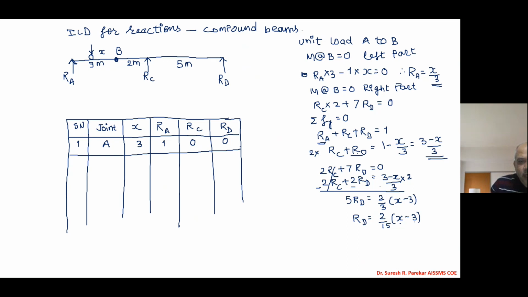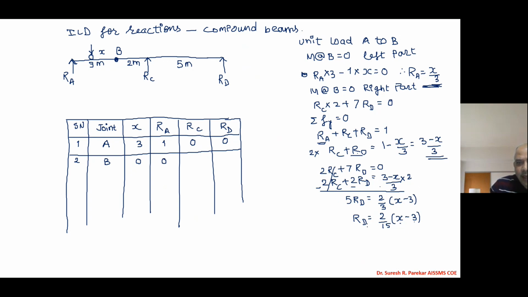Now we will go to the next part. We will be with second. We have at B, then at B we have x equal to 0. So if we put x equal to 0 in the equation of RA, then we will get value of RA equal to 0. Now we will put it in RD.